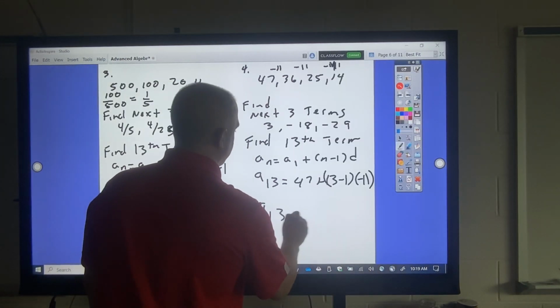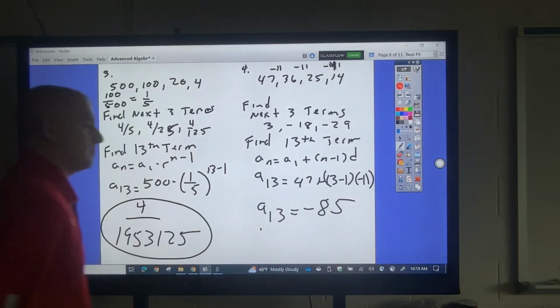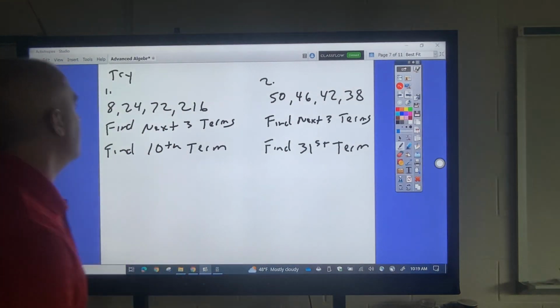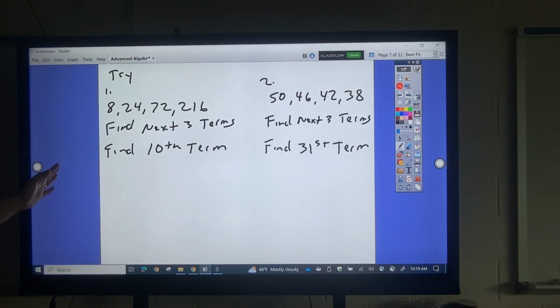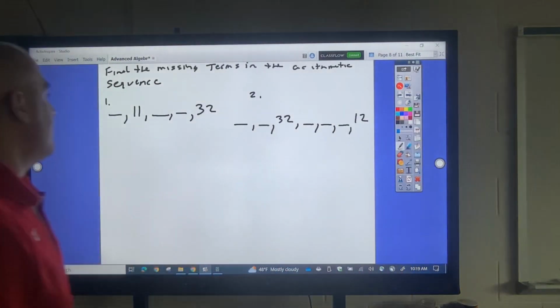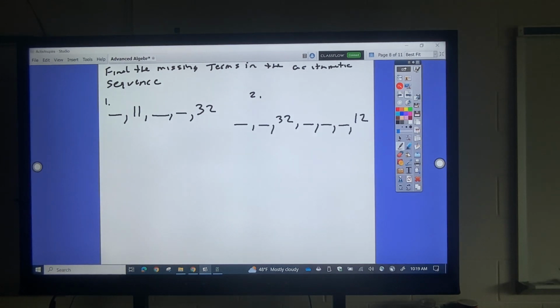So the 13th term is negative 85. Very simple. You're going to see a lot of repetition in this. So you guys go ahead, find the next three terms of this and the 10th term, and find the next three and the 31st.